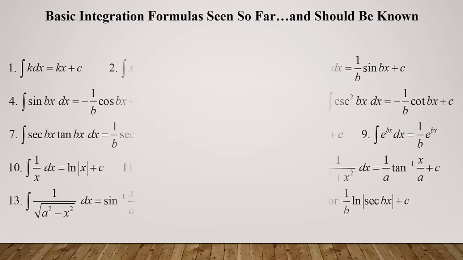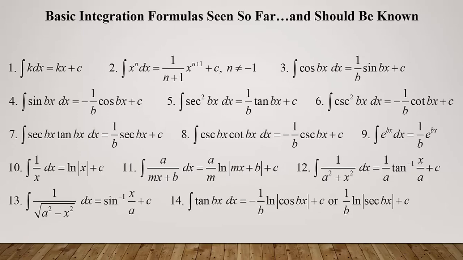So here's what you know so far. I call this basic integration formulas that you've seen so far, ones that you should know. Yeah, there are a lot of them here. Number one, when you integrate a constant, it's just the constant times the variable x plus the constant of integration.